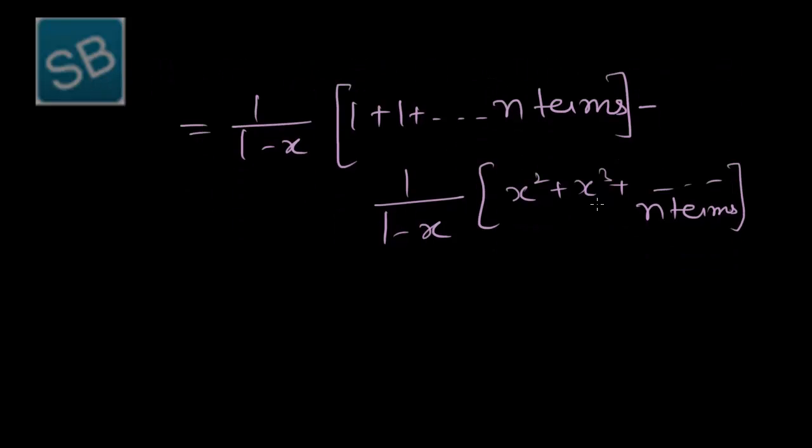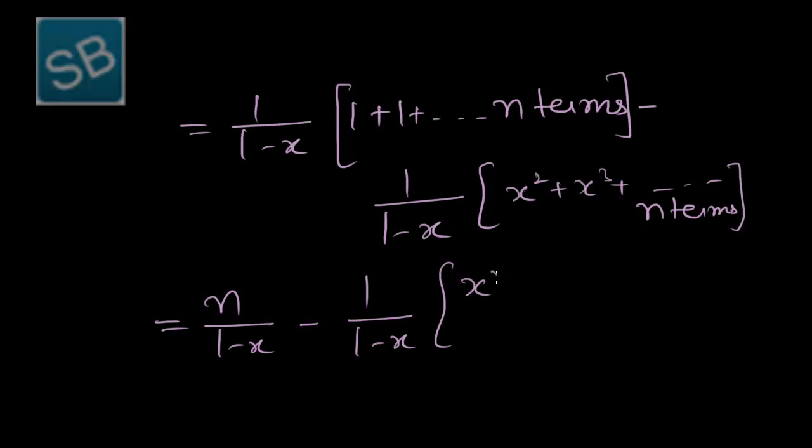So in the first bracket 1 is repeating up to n times, so it becomes n over 1 minus x minus 1 over 1 minus x. So if we see, this is a GP series. Ratio of second by first term is x, third by second, x raised to power 4 over x cube, is x. There is a common ratio r equal to x, so it is a GP series.